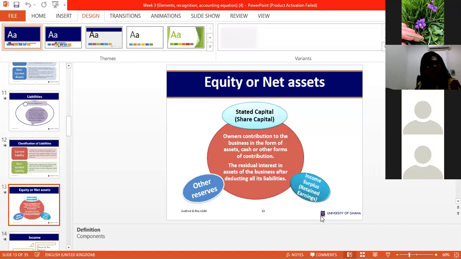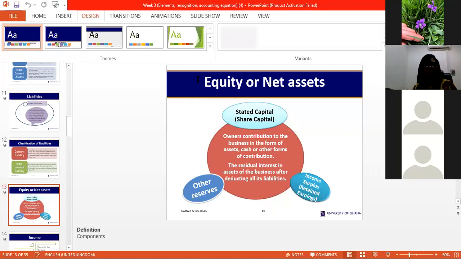Along the way, third parties who we are referring to as liabilities may also contribute in various ways. But anytime the business wants to liquidate or wants to shut, it would have to pay these third parties before whatever is left goes to the owners.